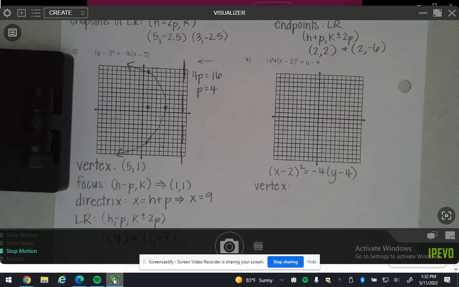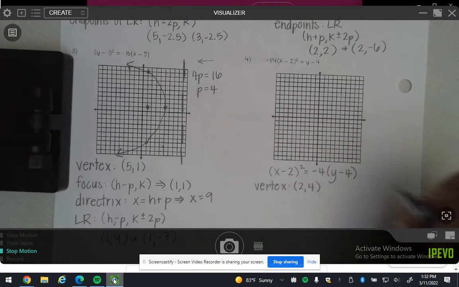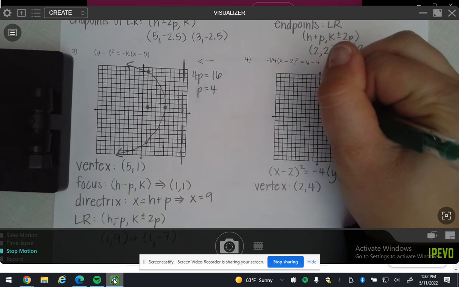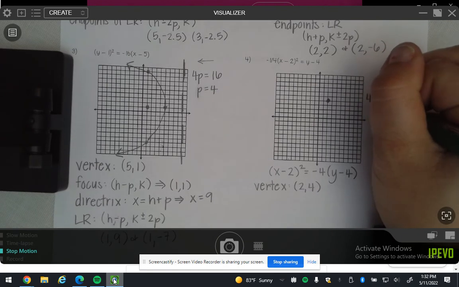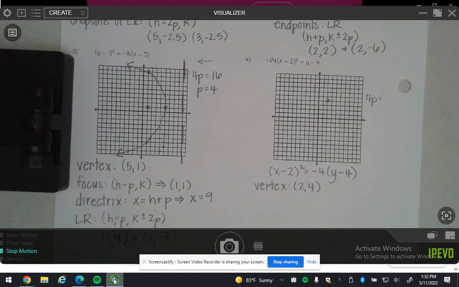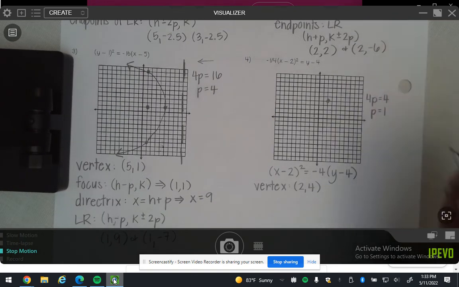Vertex: 2, 4. Are we multiplying by negative 4? Yeah. What does 4p equal? 4p equals 4, which then p would equal 1.